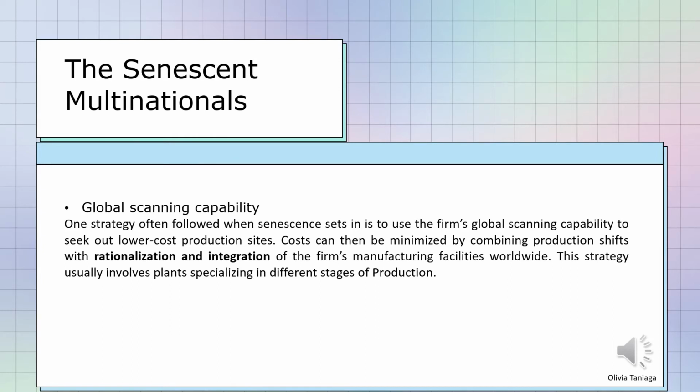Cost can then be minimized by combining production shifts with rationalization and integration of the firm's manufacturing facilities worldwide. This strategy usually involves plants specializing in the different stages of production.